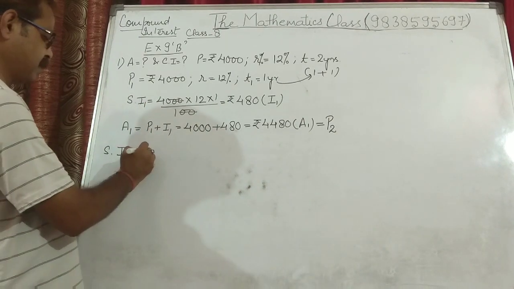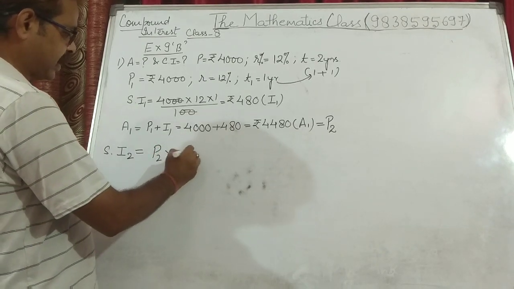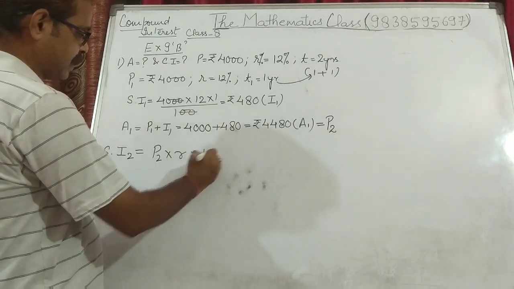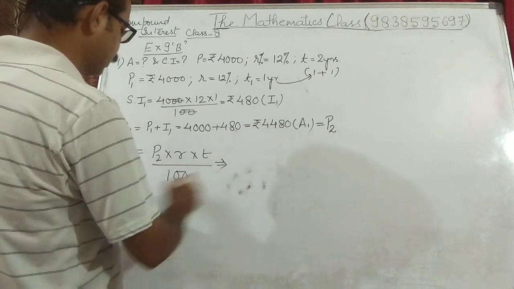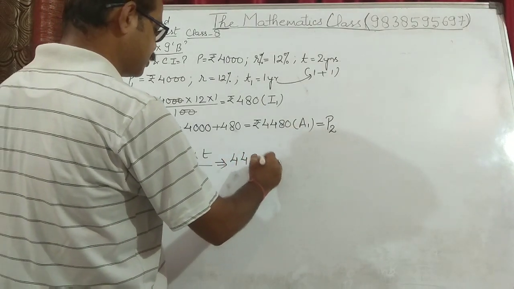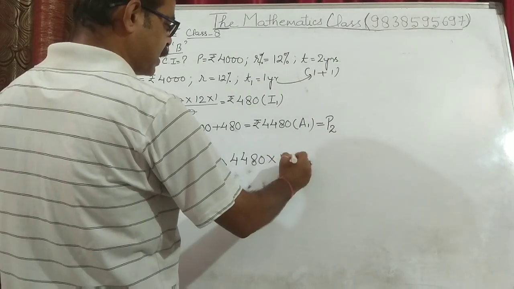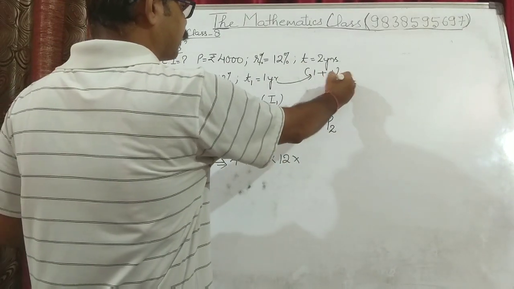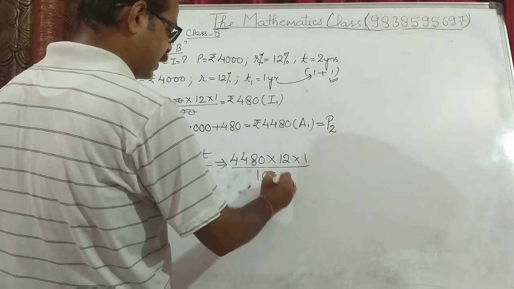Interest for the second year will be the principal for the second year into rate for the second year into time for the second year upon 100. Now the principal for the second year is 4480, into rate, which is 12%, and time, which we will calculate for this 1 year, is 1, upon 100.